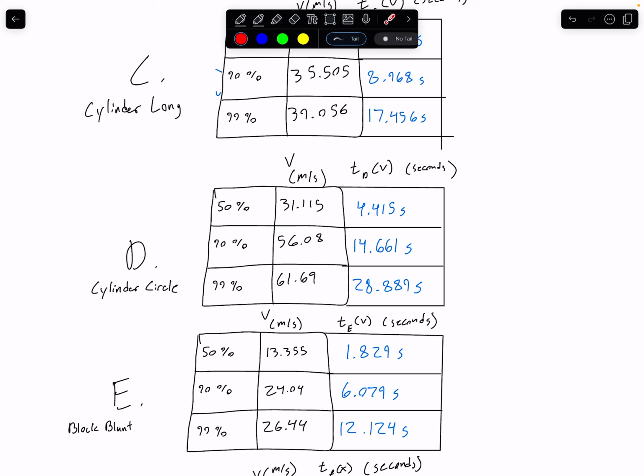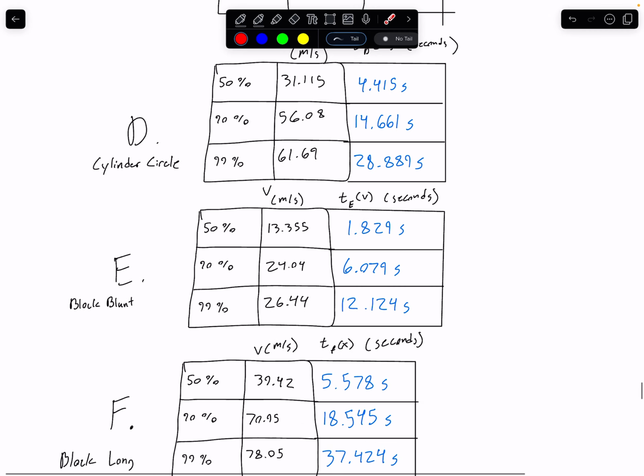To reach 50% terminal velocity for the cylinder circle, it takes 4.415 seconds, 90%, 14.661 seconds, and 99%, 28.889 seconds. And then for the block blunt, we have 50% of terminal velocity at 1.829 seconds, 90% at 6.079 seconds, and then 99% at 12.124 seconds.